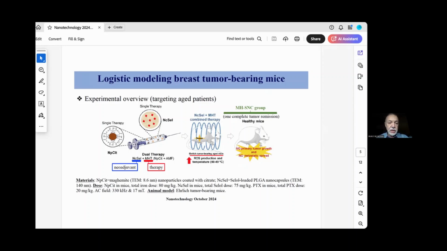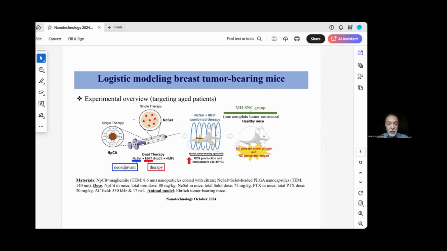The treatment includes a nanocapsule of PLGA, and inside this nanocapsule we could include magnetic nanoparticles coated with citrate, and also we could include selenium. I will tell you briefly about selenium in my next slide.